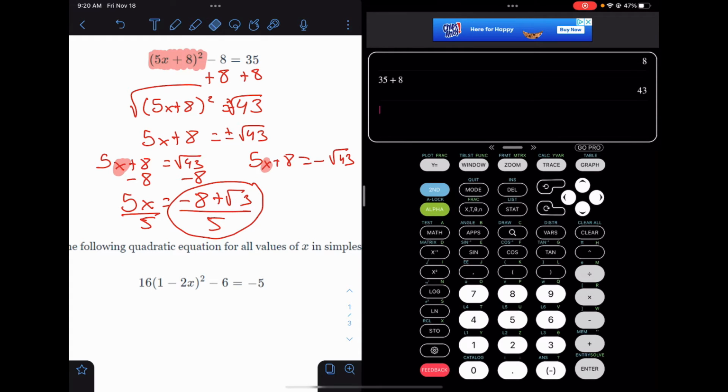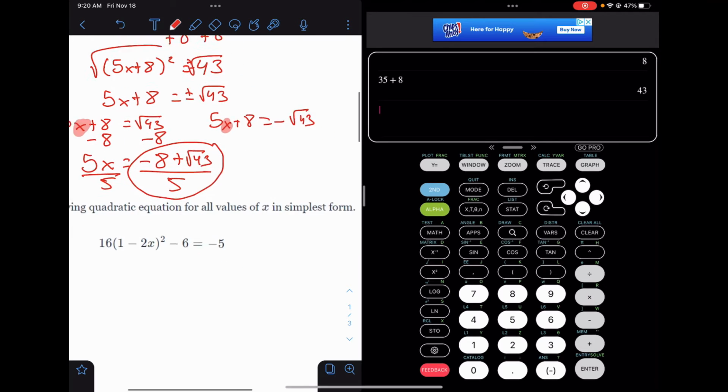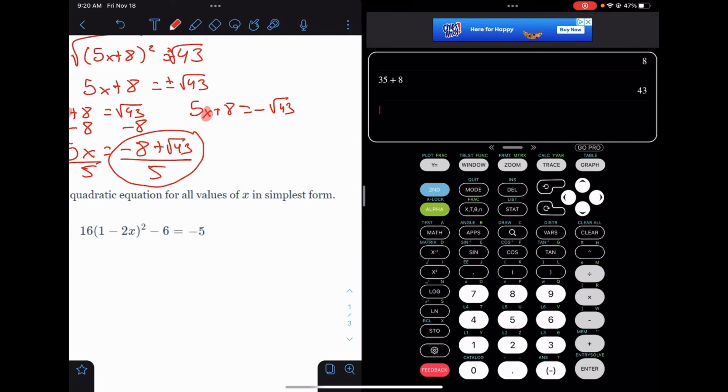I know my 4 looks like a 9 there, doesn't it? All right, then we're going to do the same thing here. We're going to subtract 8. And we get 5x equals negative 8 minus root 43. The reason I put the negative 8 in the front is that it makes it look more similar to our answers for the quadratic formula.